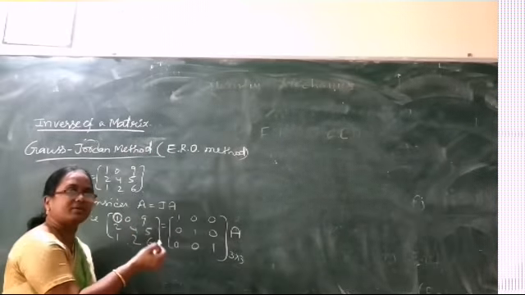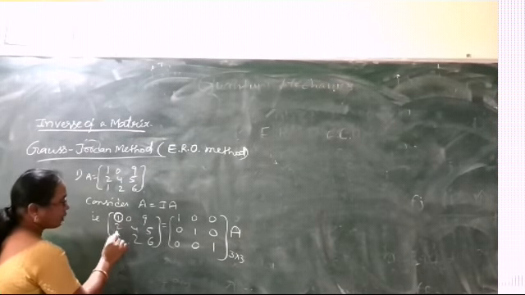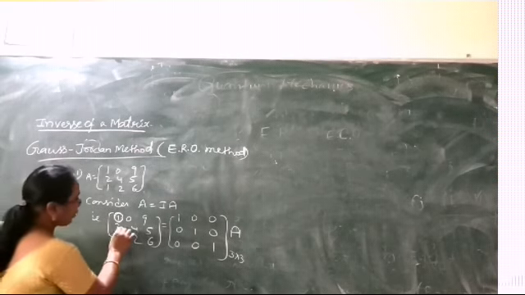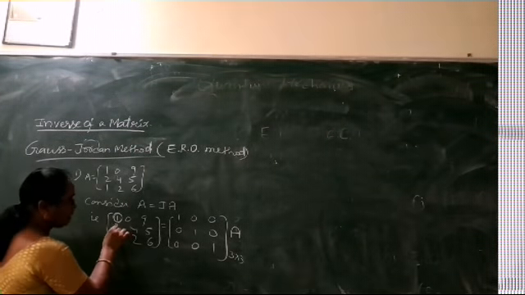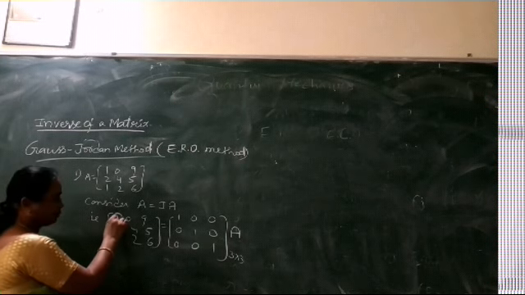Because our first pivot is 1, using this 1 we are going to choose the elementary row transformations so that the remaining elements of the same column, 2 and 1, become 0. So look at this 2. This 2 belongs to row 2. To make it 0 using this 1, this 1 has to be multiplied by 2.